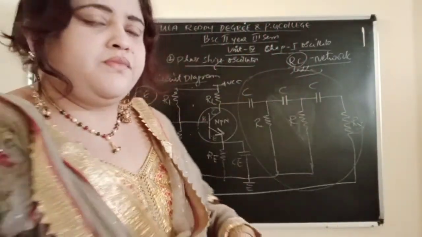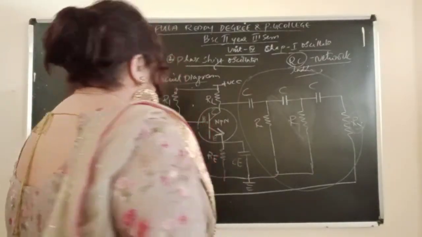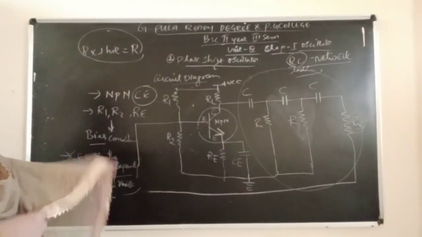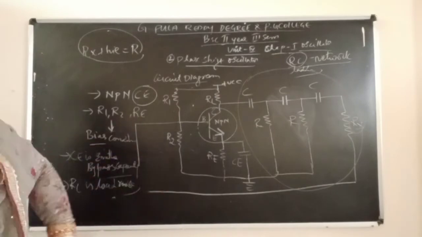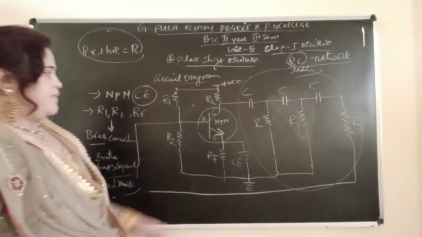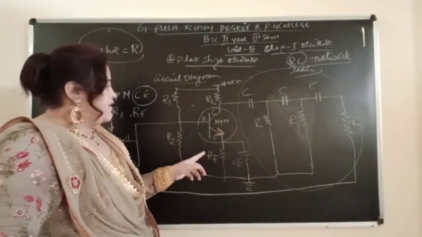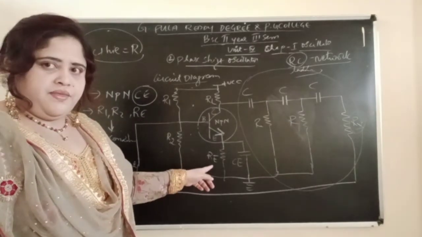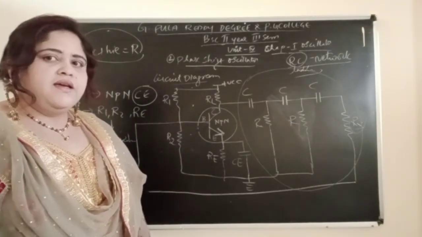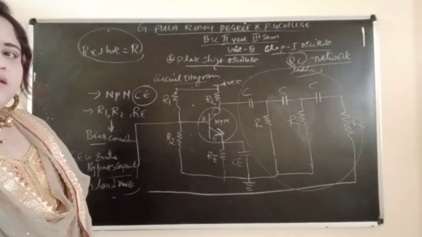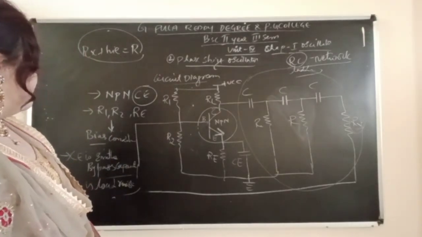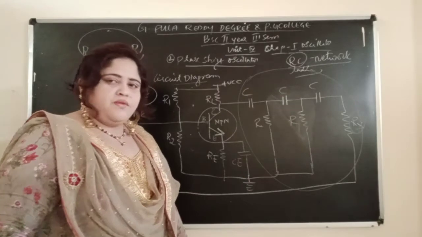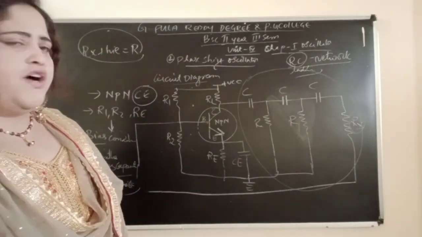In the circuit diagram you have studied that it consists of a common emitter NPN transistor. Then resistors R1, R2 and RE give an appropriate biasing condition for the circuit. Then CE is the emitter bypass capacitor. Then we went for the feedback network.